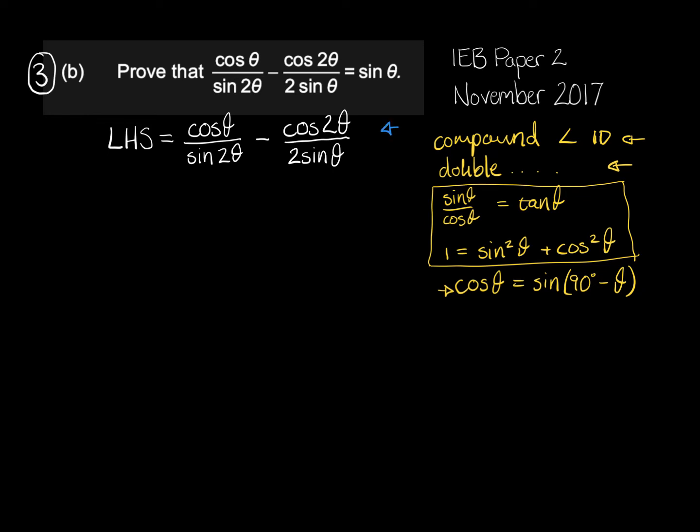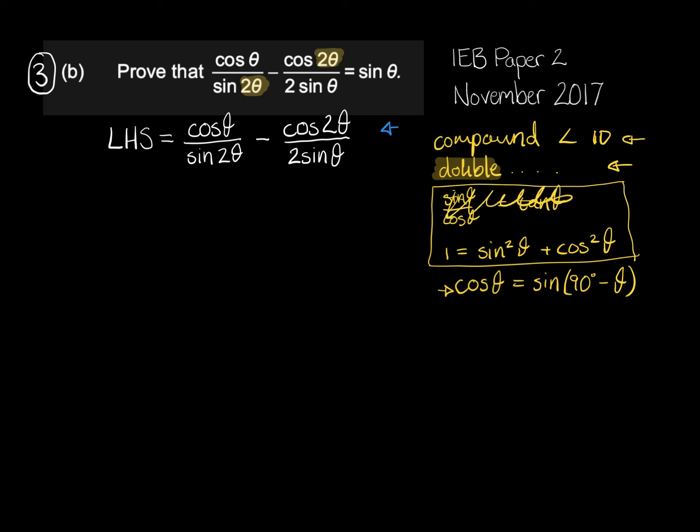Before you even try to attempt it, you need to be looking for clues within it. So I'm going to bring up my highlighter and let's see. The first thing I see going from left to right is that I've got a double angle identity, so I'm going to be looking over there for double angles. I've also got a double angle over there. So once again, I'm looking for those. What I don't see anywhere is tan, so I'm going to cross that all out.